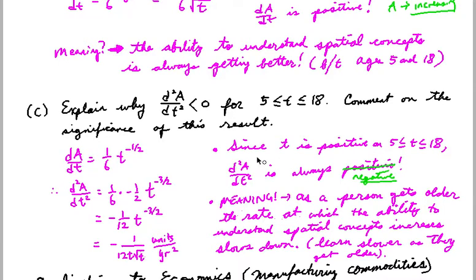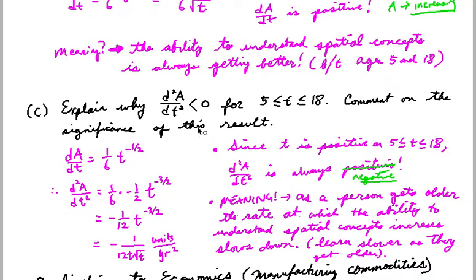So what does that mean if this is always negative? I've shown this part to be true. Now let's comment on the significance. Well, the second derivative is kind of like the acceleration. In this case, the second derivative tells me how fast my original rate of change is changing.